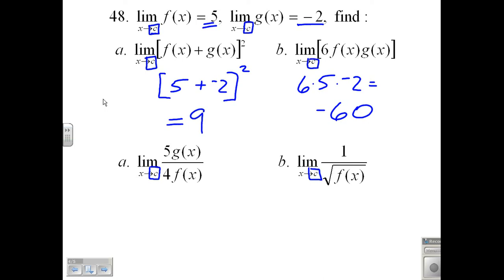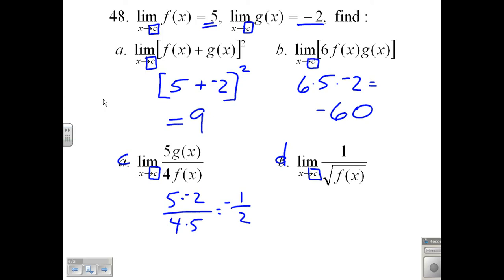And likewise, I don't know why I have an A here. This should be C. This should be D. I do know why I have those there. Wouldn't it be nice if we could just say that the limit of 5g of x on 4 f of x as x approaches c is 5 times the limit of g as it approaches c on 4 times the limit of f as it approaches c, or negative 1/2. It is.